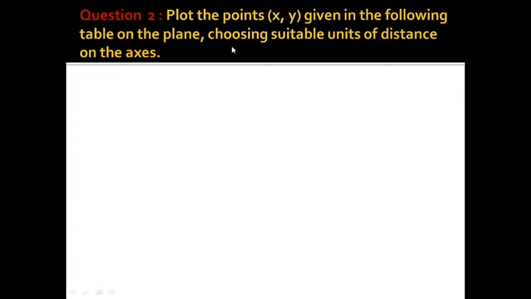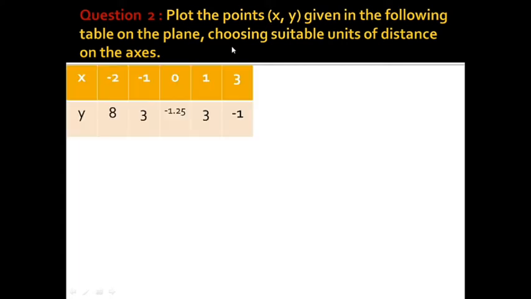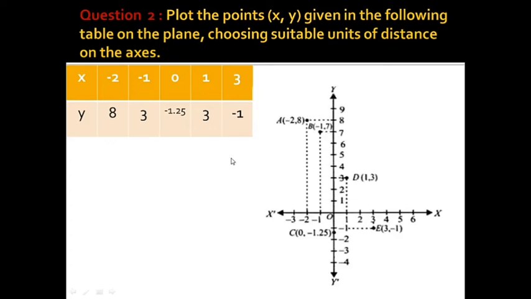So here we will choose the distance of 1 unit equal to 1 centimeter. Here the table is given, that is the values of x and values of y, and we have to place these points on the Cartesian plane. So after placing these points on the Cartesian plane, this is how our Cartesian plane will look.